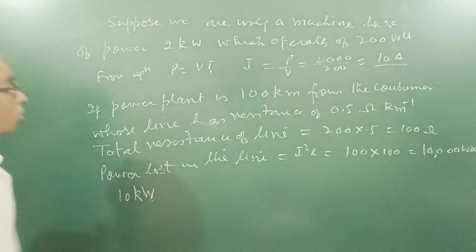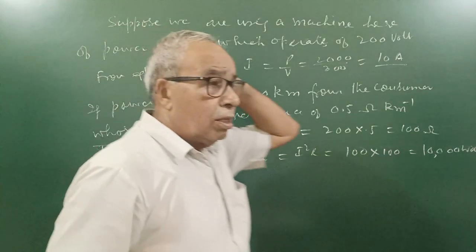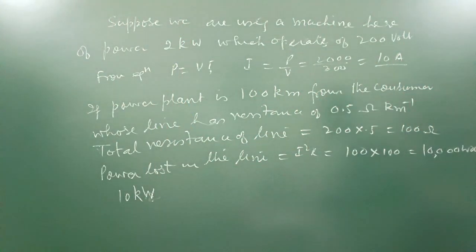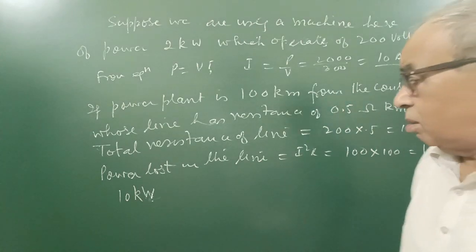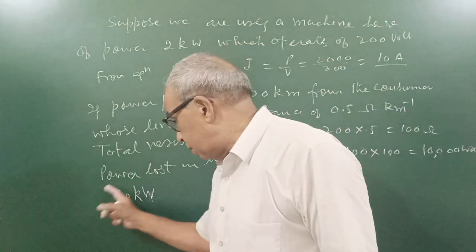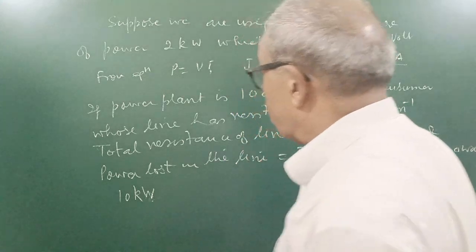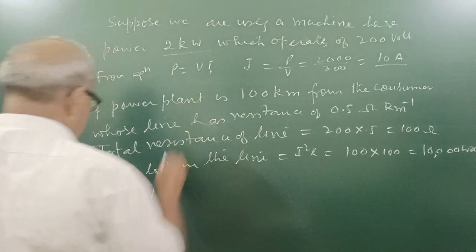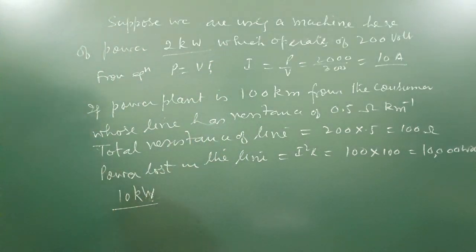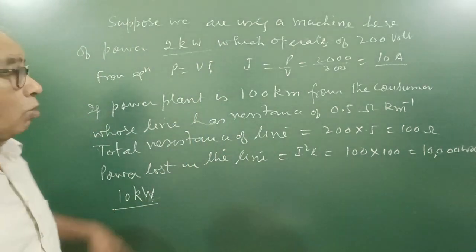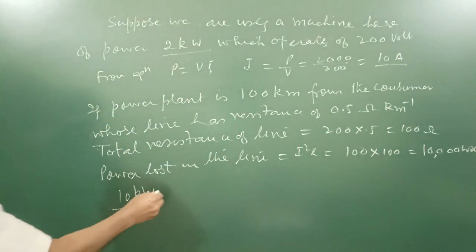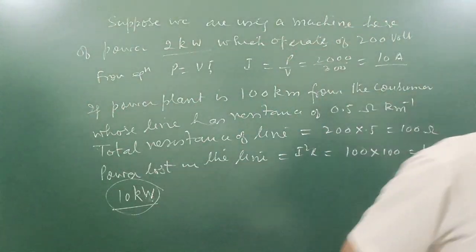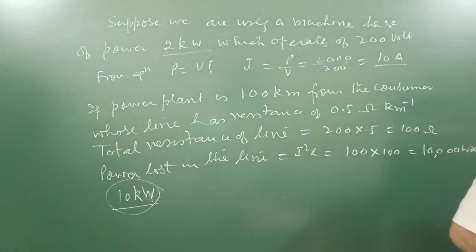It means to operate a 2 kilowatt machine, the power plant has to generate 12 kilowatt. We need 2 kilowatt, but there is 10 kilowatt loss. So this much loss for a single consumer is not economical at all.